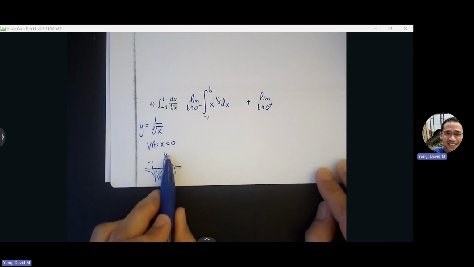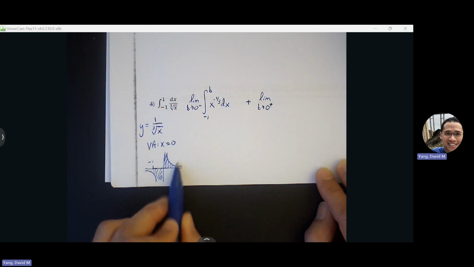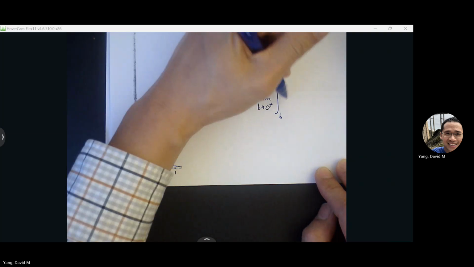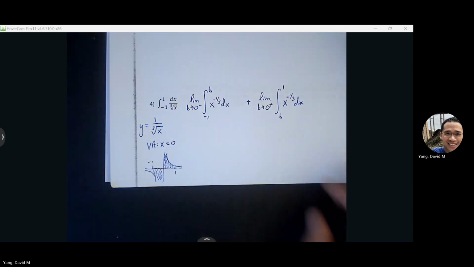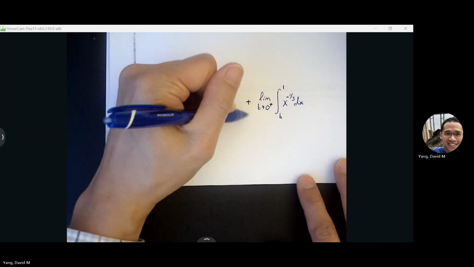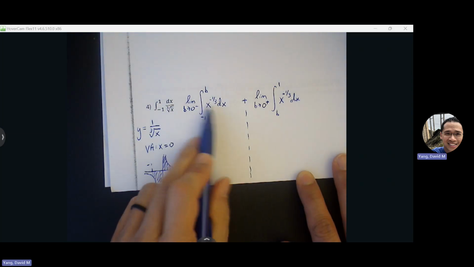This branch is going from that asymptote to 1, but we're approaching the asymptote from the right side of 0, since this is where the graph is existing. Okay, so power rule here.